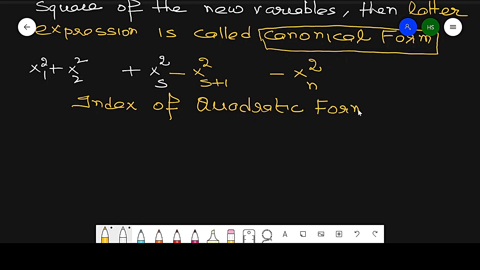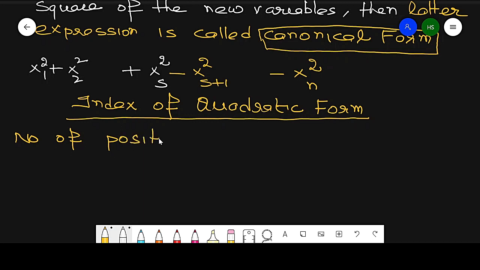The number of positive squares is called the index of the quadratic form.